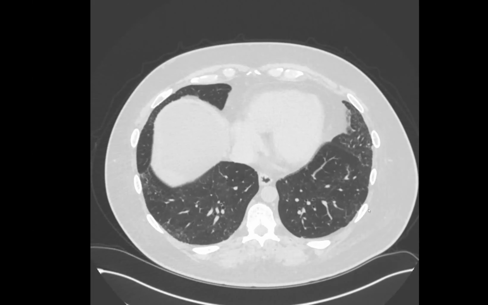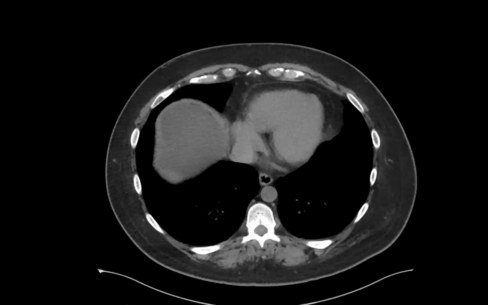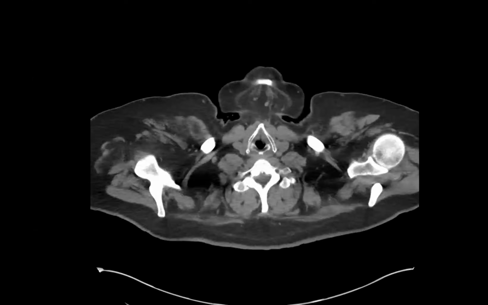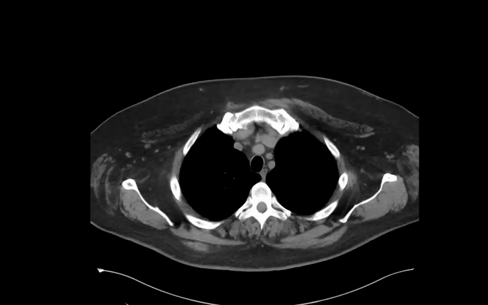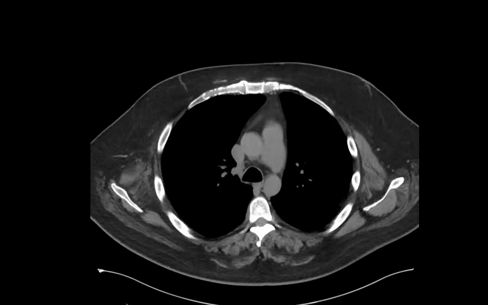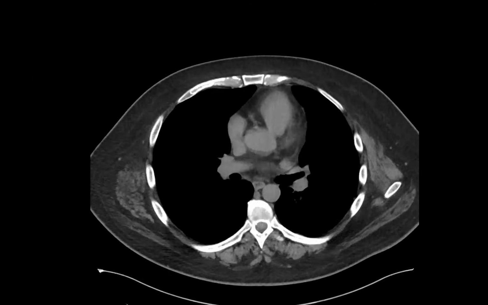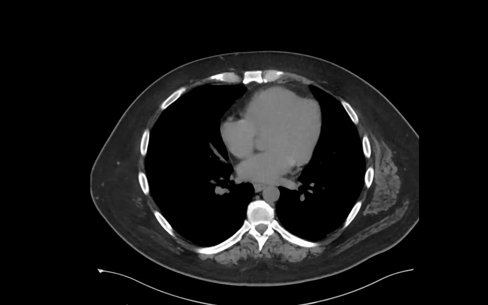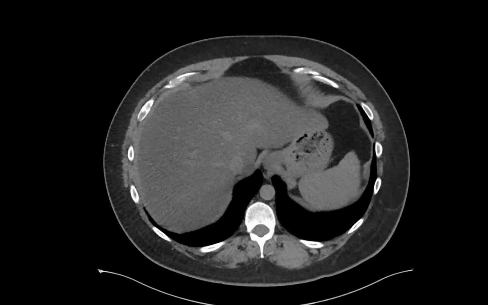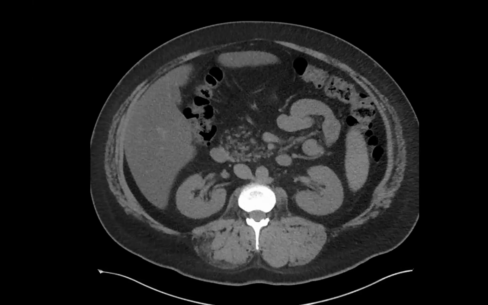So this guy also had something, but let me show you his soft tissue window and I will have you see that. Look at the muscles. He's a young male, late 20s. Very atrophied on the right side, especially.